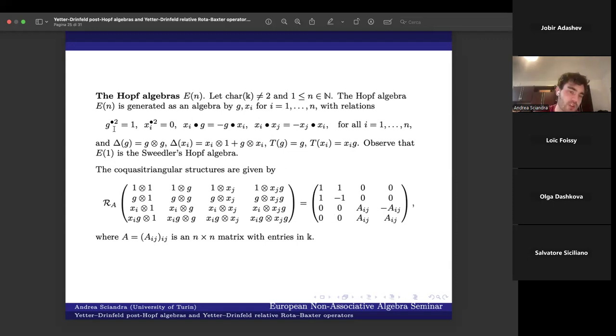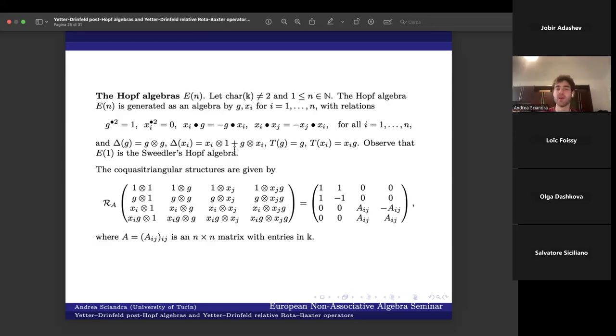As before, G squared is 1, and X_i squared is 0 for all i. X_i and G anti-commute, and the same for X_i and X_j for different i and j. G is group-like, X_i again is skew primitive, and the antipode T fixes G, while on X_i it is given by X_i G.